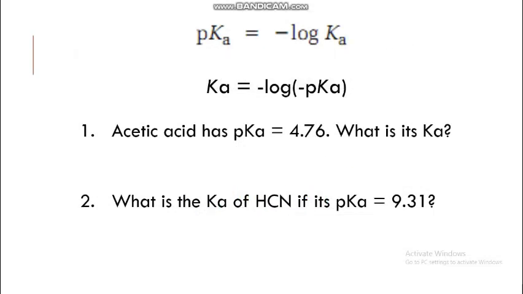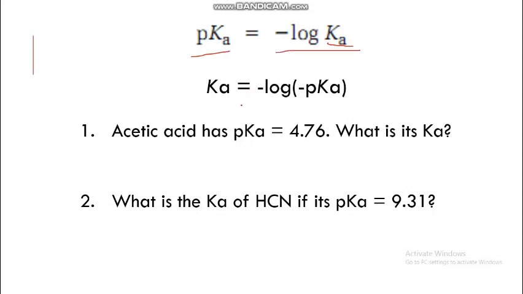However, acid strengths are normally expressed using the pKa values rather than the Ka values. So, yung pKa values, ito yung negative common logarithm of the Ka.